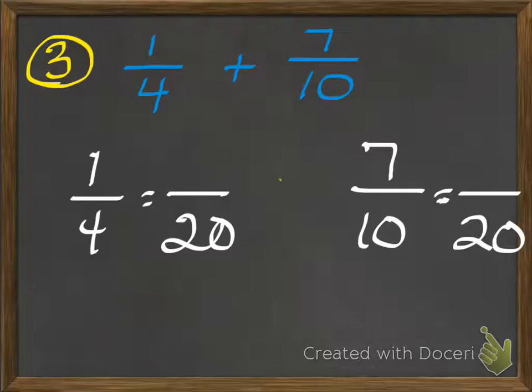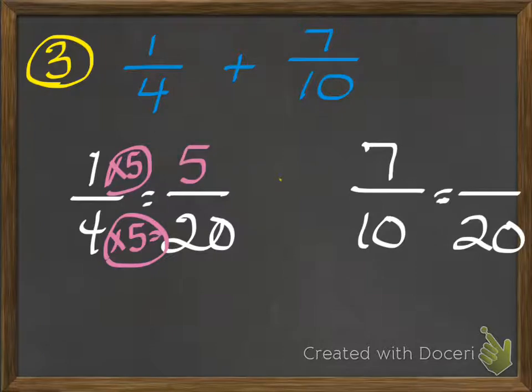Okay, so I'll take one fraction at a time to do that. To get from 4 to 20, I have to take 4 times 5 to get to 20. 4 times 5 equals 20. Whatever I do on the bottom, I'm going to do on the top. Okay, so I take the bottom times 5, I'm going to take the top times 5. 1 times 5 is 5. Okay, 1/4 is the same as 5/20. I'll rewrite it down here.